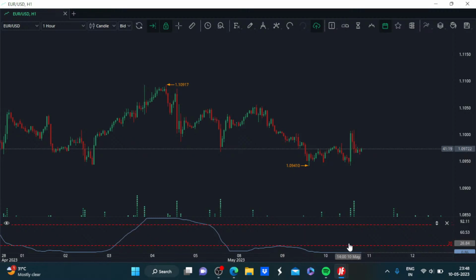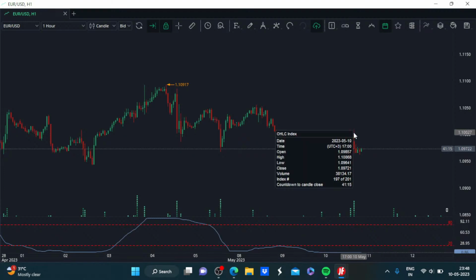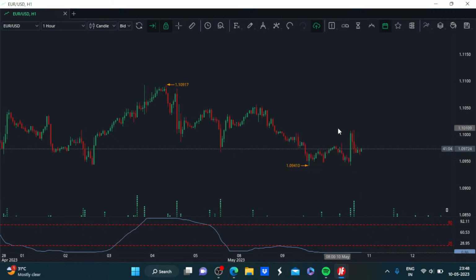Even in today's scenario, after this spike, EUR/USD hasn't been able to sustain the momentum, and it has given up a significant portion of its gains in the aftermath of the release of US CPI.